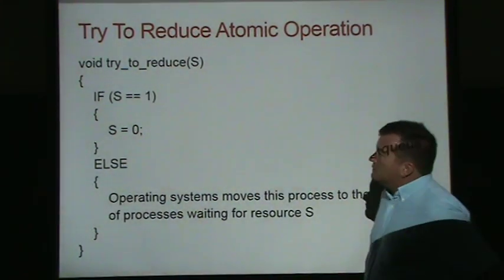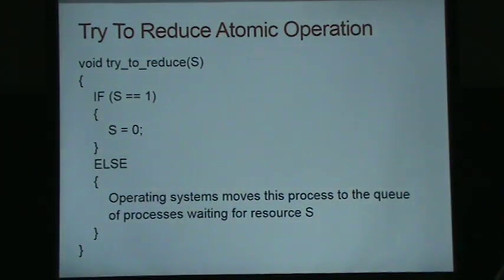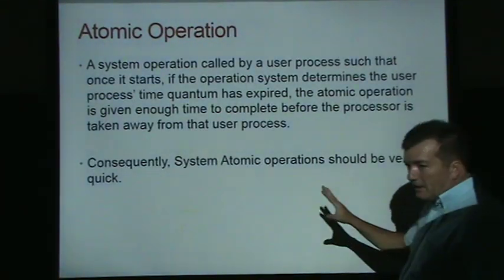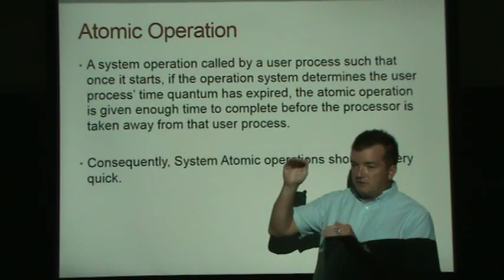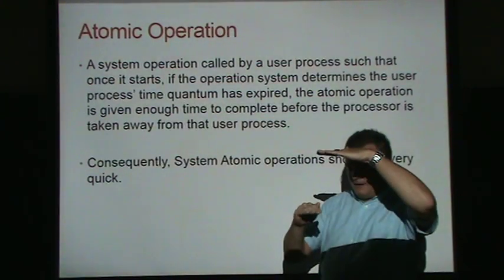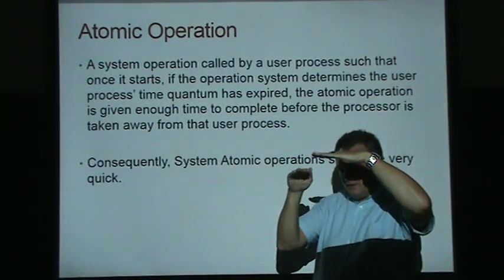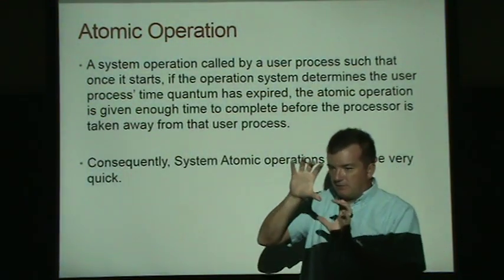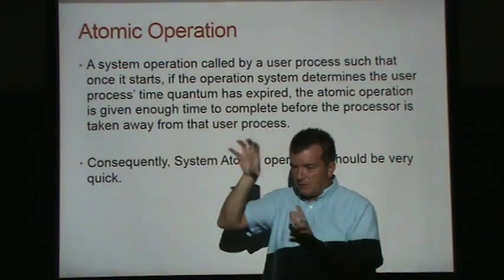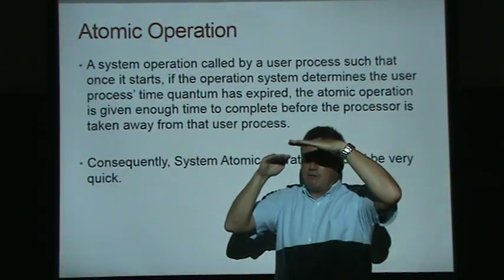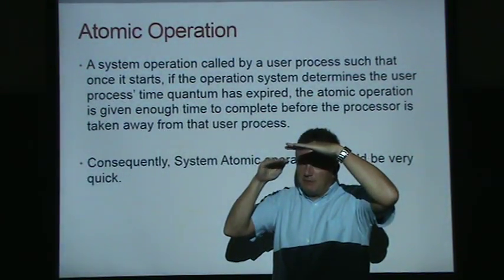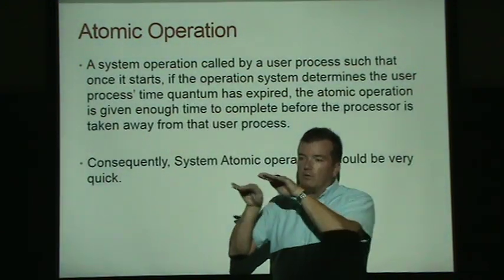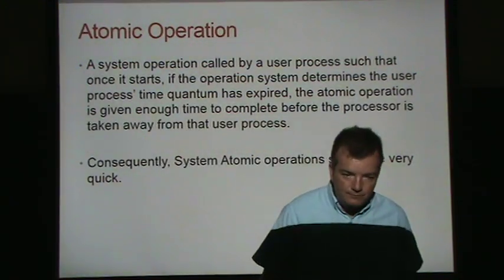And the idea was to allow, oh, sorry, I didn't talk about this slide. So an atomic operation is an operation that once it starts, if while it's processing the process's time quantum expires, meaning it has to be moved off of the processor so another program could get on, the operation will be given an additional amount of time to just finish before it gets moved off.